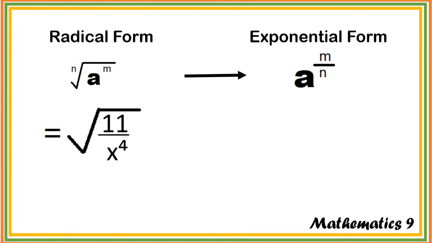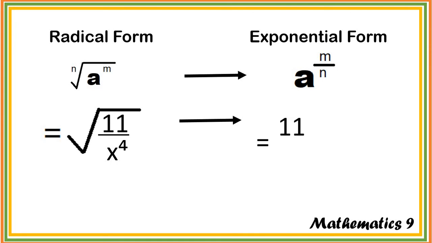Another one, we have square root of 11 over x raised to 4. If you notice, we have a base in the numerator and we have a base in the denominator. However, your radical sign doesn't have a value outside. Why? Because that is square root. For a square root, the value of the degree is 2 automatically, but you don't need to write it.